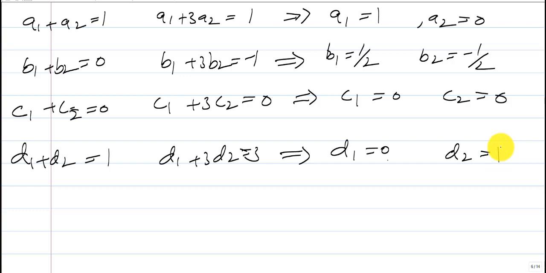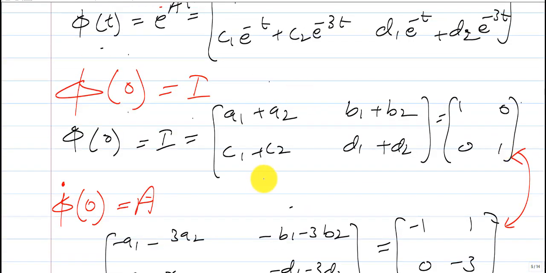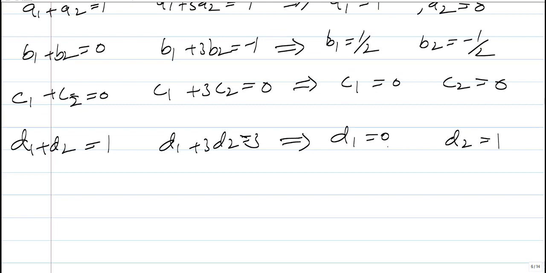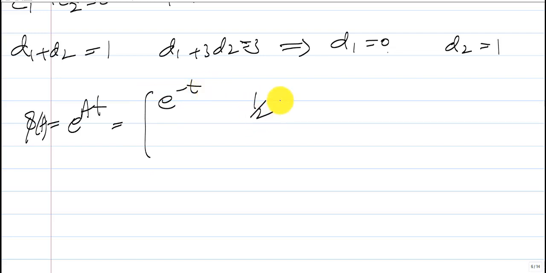So now putting all these coefficients into this matrix, we will get the state transition matrix. So e raised to the power At, which is phi of t, will be simply e raised to the power minus t, and 1 over 2 e raised to the power minus t minus 1 over 2 e raised to the power minus 3t, 0, and e raised to the power minus 3t.